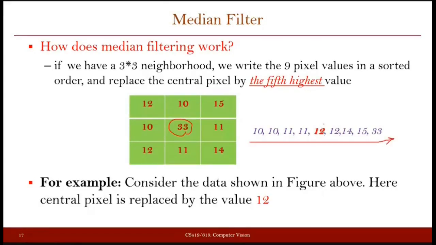In these values, 12 is coming at the middle, so 12 is the median. When you are doing the median filtering, the central pixel will be replaced by the value 12.